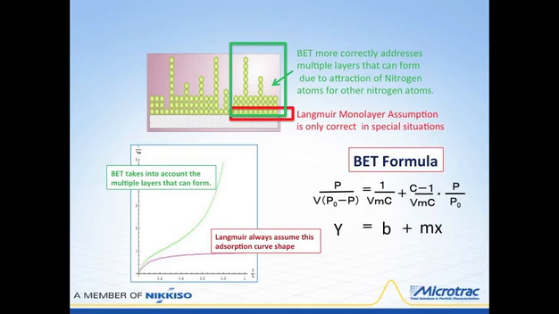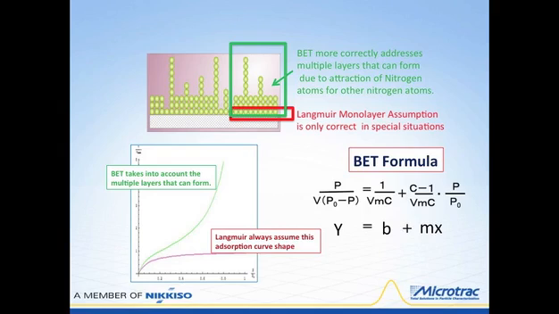But over a period of time, there will be a buildup of the gas molecules, the adsorptive, onto the surface. As well, there can be a buildup of gas molecules on top of each other, so that there's a layering effect.